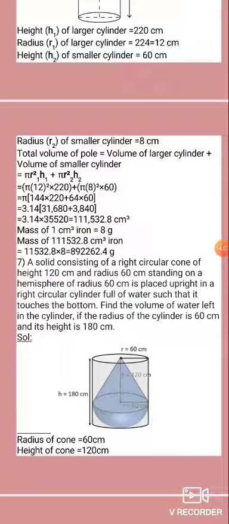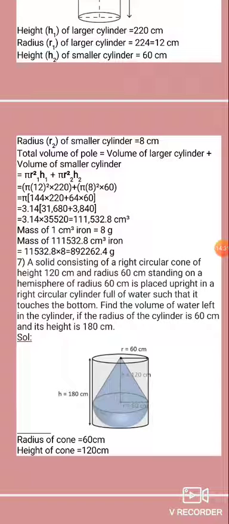Now the next question. A solid consisting of a right circular cone of height 120 centimeter and radius 60 centimeter, standing on a hemisphere of radius 60 centimeter, is placed upright in a right circular cylinder full of water such that it touches the bottom.